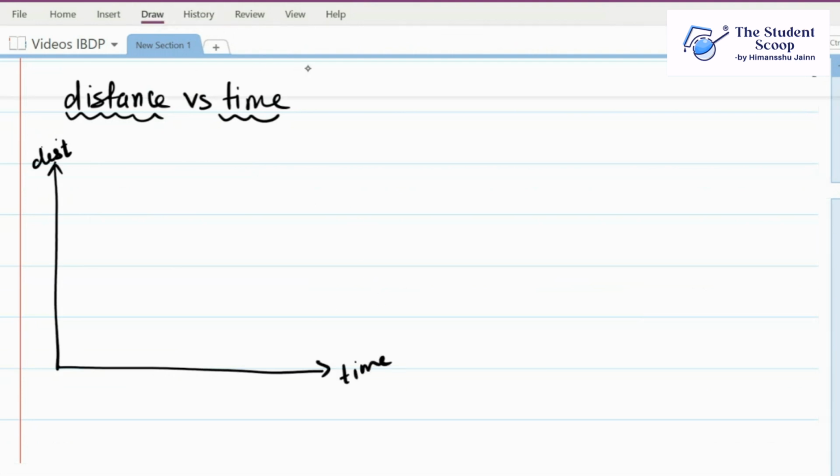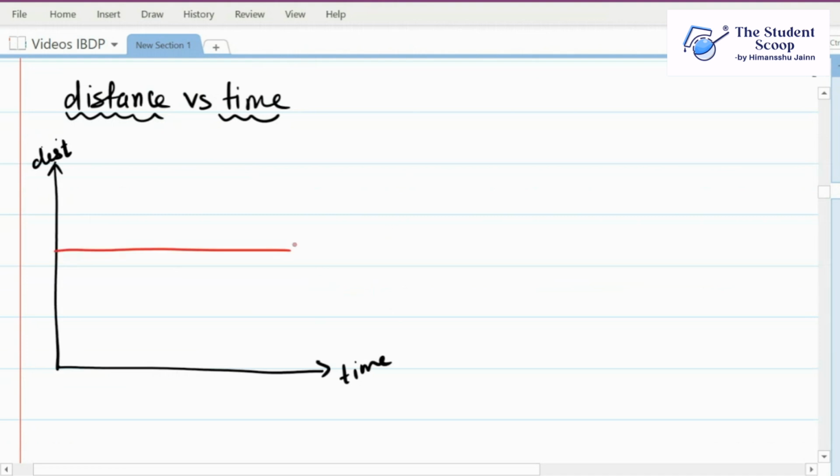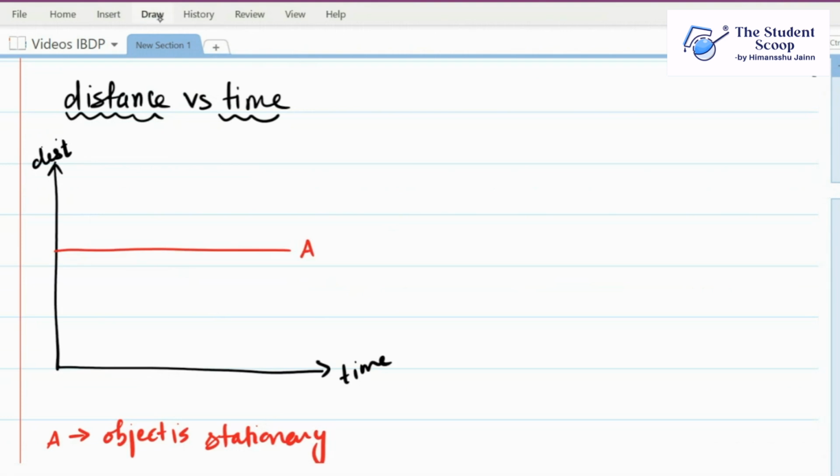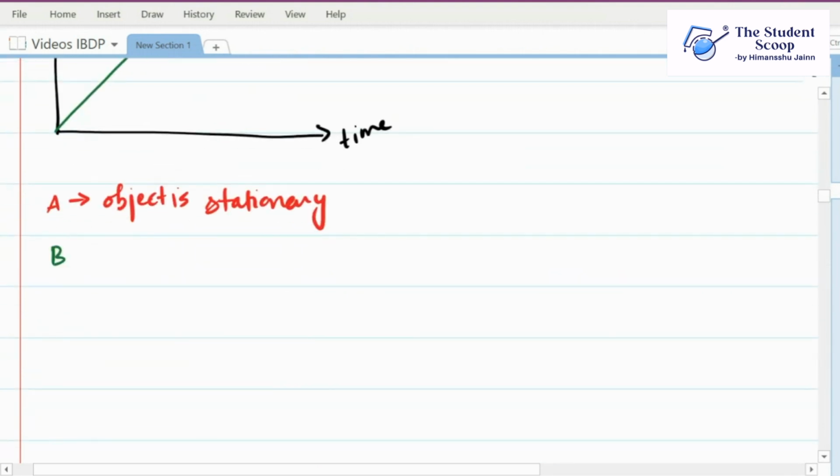For example, if the motion is like this, let this line be A. A represents that the object is stationary, so there is no motion, there is no change in position. If I have a graph like this, let it be B, it represents a constant speed.